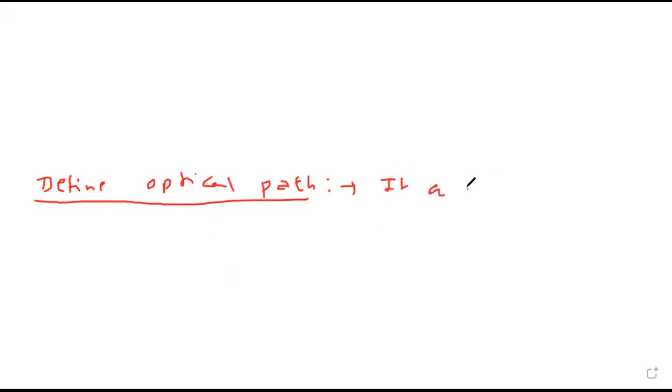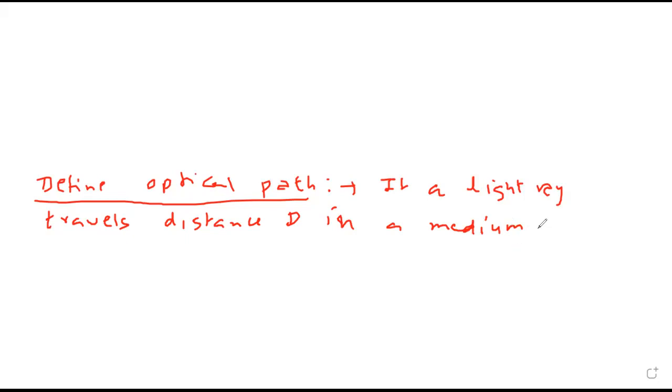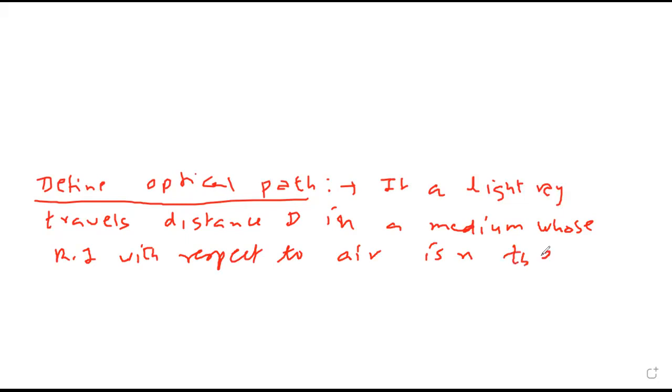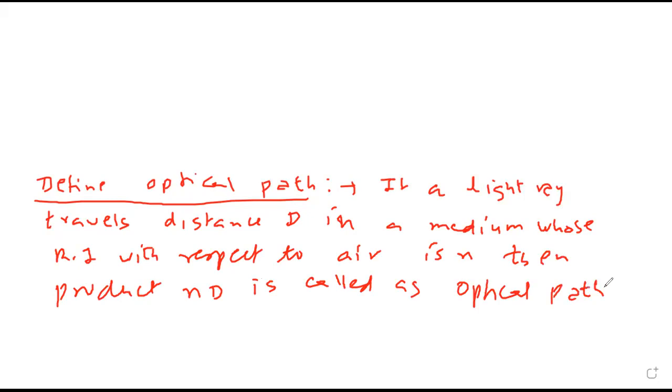If a light ray travels distance d in a medium whose refractive index with respect to air is n, then the product nd is called the optical path traveled by light.